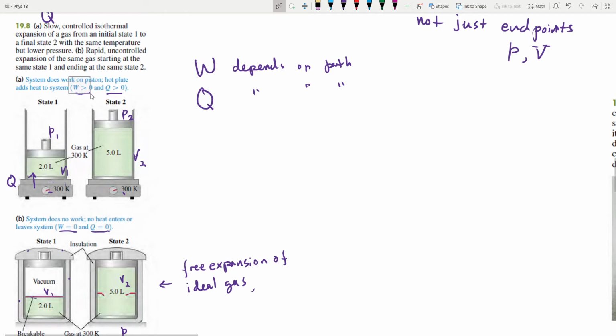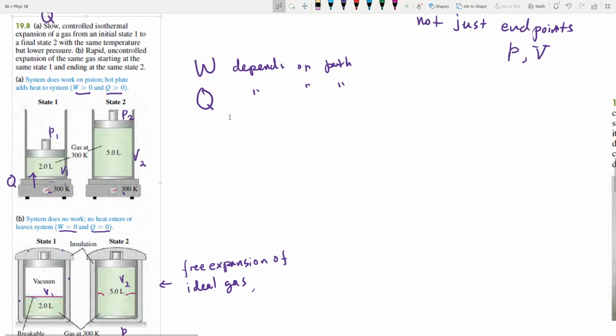Because if the heat that comes in ends up being equal to the work that comes out, then these two could be related to each other. And that's what we'll do in the next section.